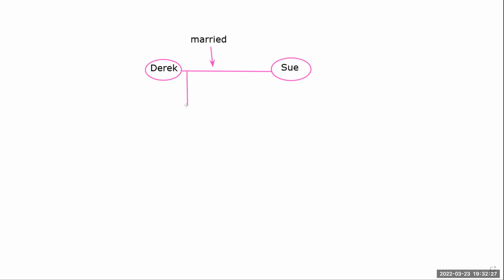So out of that marriage come 3 kids. I know my lines are not the straightest right now. Okay, so let's think of some names for these kids.